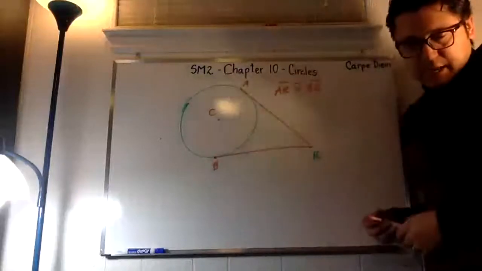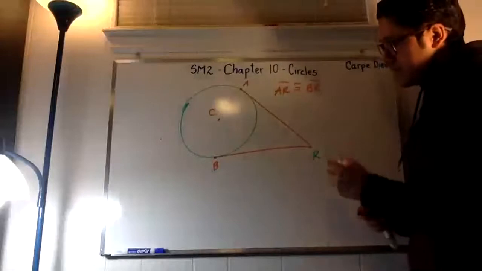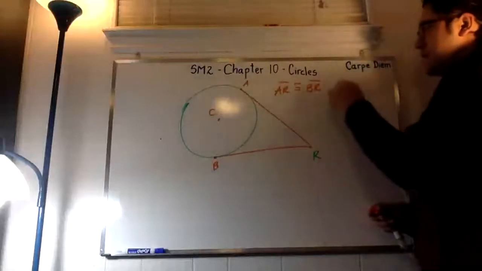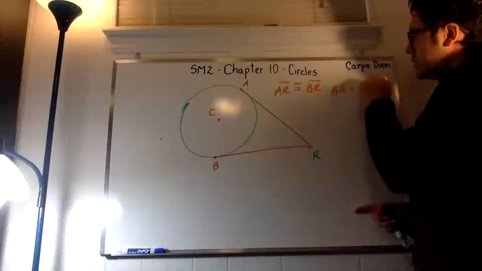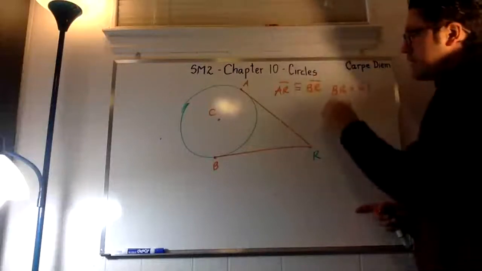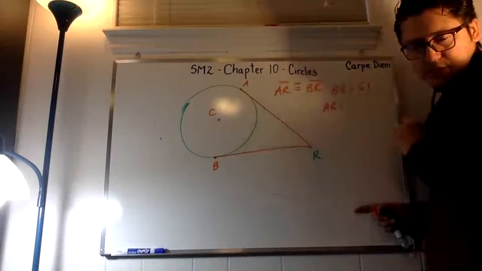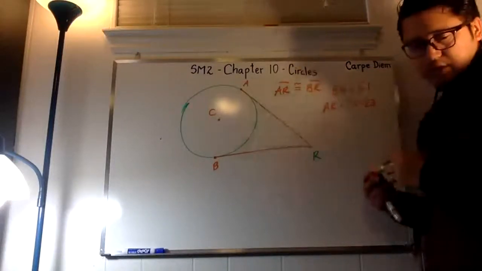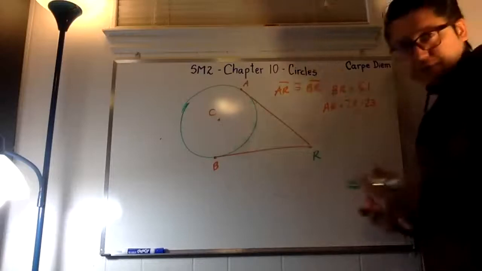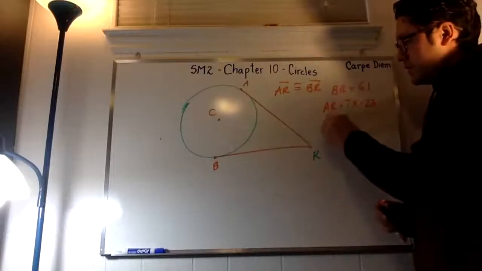So this exercise is telling me that BR is 61 and AR is 7x minus 23. In this case, we just have to find x. Find the value of x.